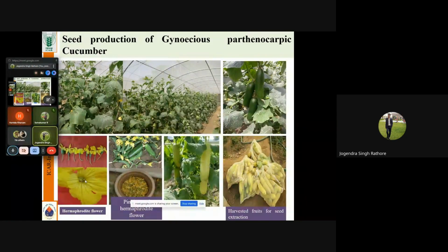Then it leads to the development of a proper fruit, and after 2 months you can harvest those fruits, and it will give you quality seed. This way you can go for seed production in gynoecious parthenocarpic cucumber under protected conditions.